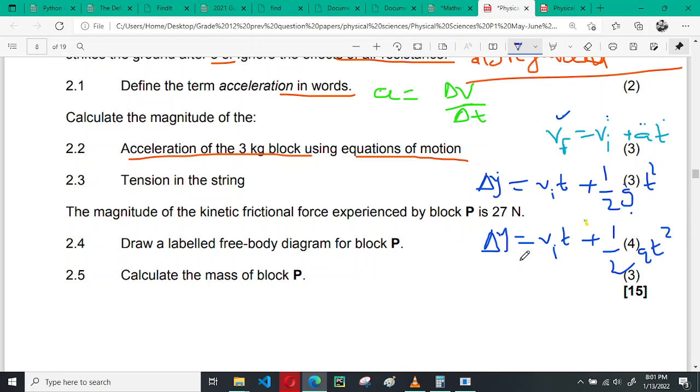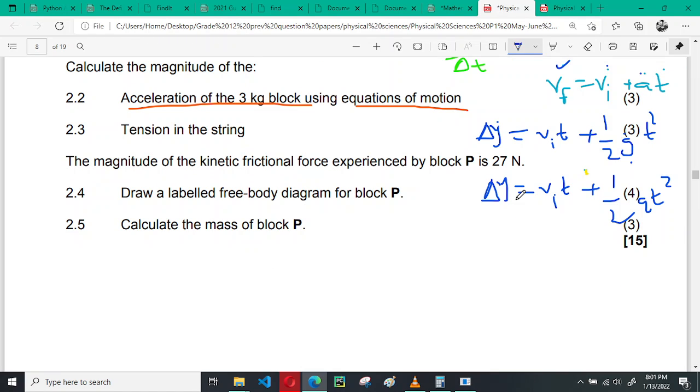All right, so what we're gonna do here is we have our y here, which I've already defined as 0.5. I'm just gonna write it here, is equal to initial velocity. We already know it's 0, so I'm just gonna put 0 here. Time is 3 seconds, plus half of acceleration times 3 squared.